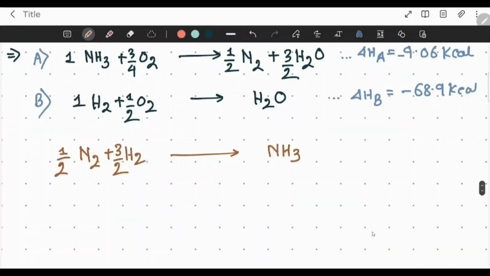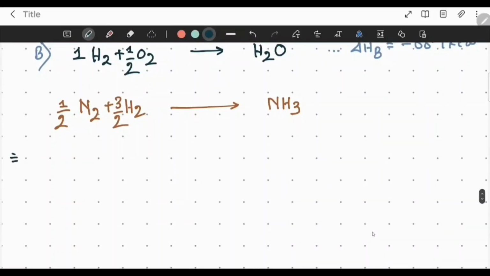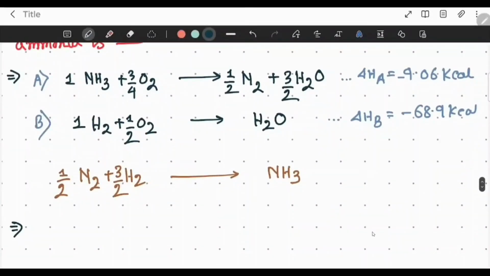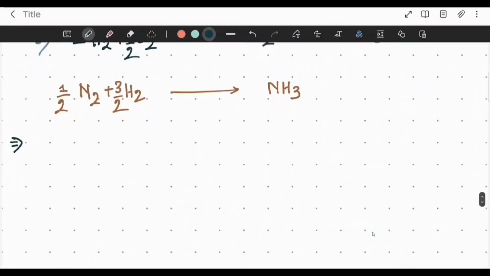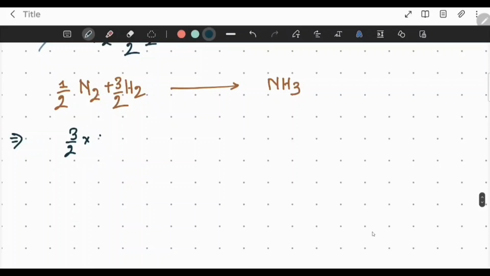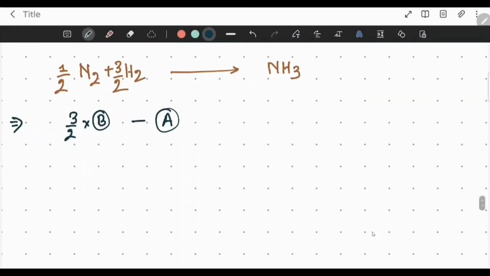Now we have to find out how to formulate this equation from A and B. H2 is there. Multiply it by 3 by 2, so take 3 by 2 into B minus A. What will we have?